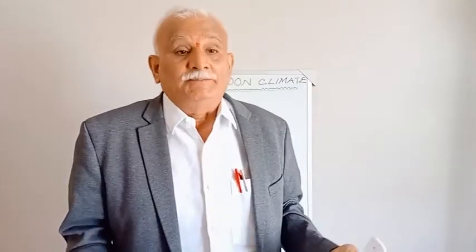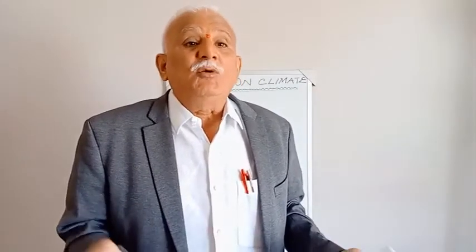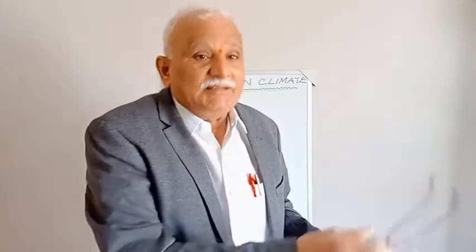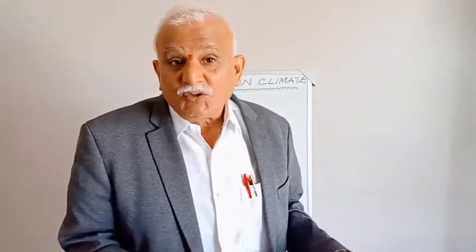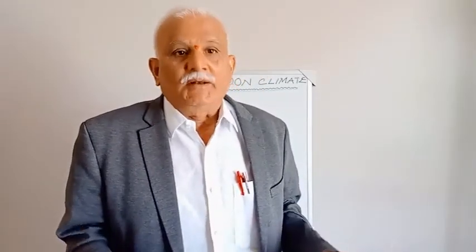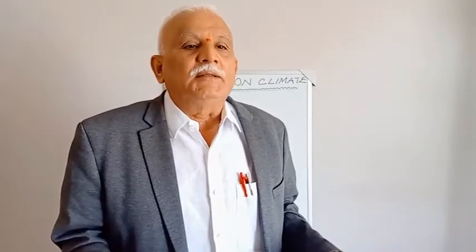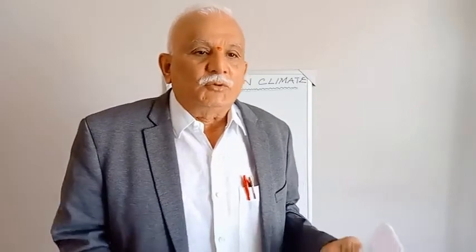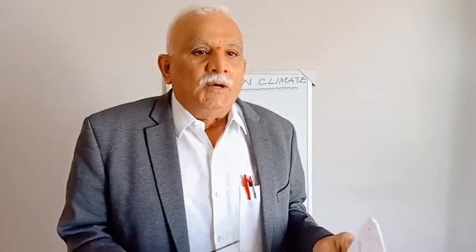Once again, I repeat, this is the total amount of rainfall received in 12 months: southwest monsoon, northeast monsoon, even the dry season and all the pre-monsoon rains, as we call them in southern India. Taking the rainfall from 1901 to 2005, approximately 105 years, there is no decrease in the amount of rainfall, but uneven distribution is there. That's what I would like to say.